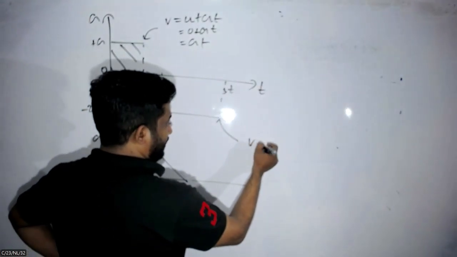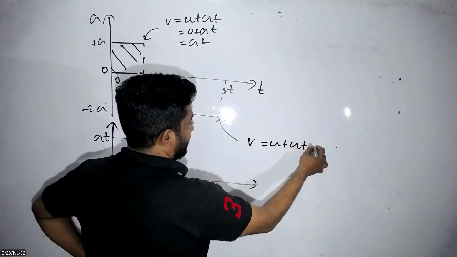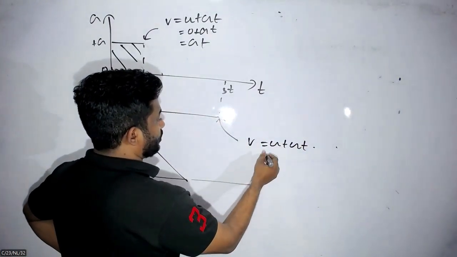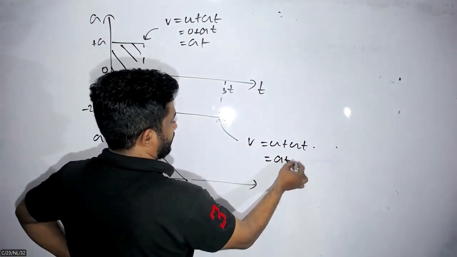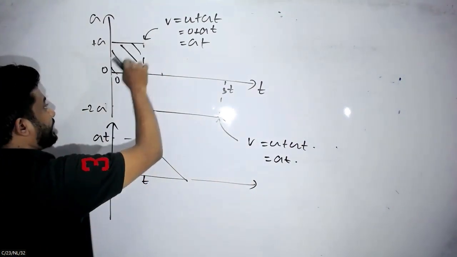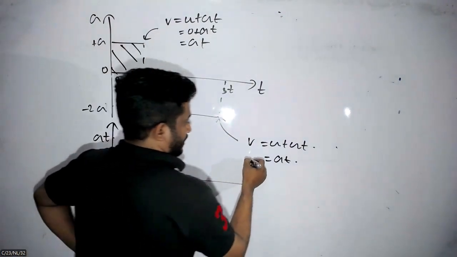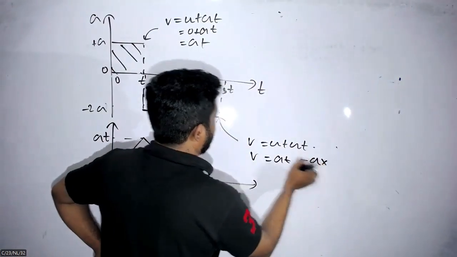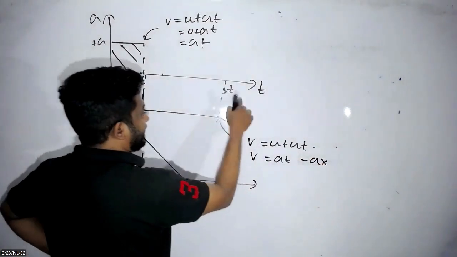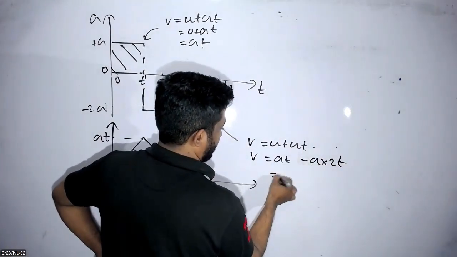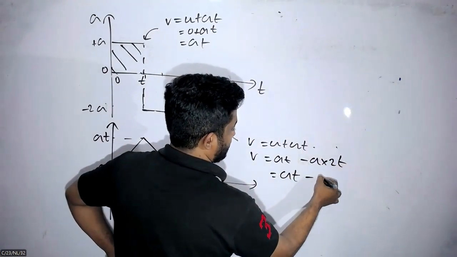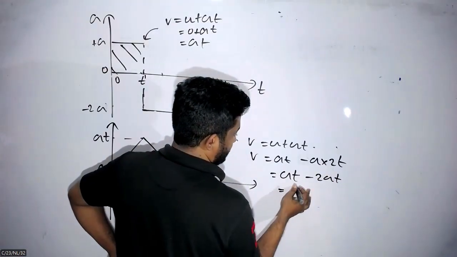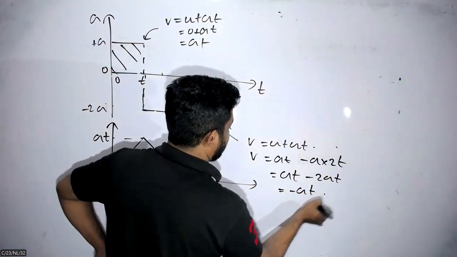Again, you can apply v equals u plus at. Now you know the initial velocity of the object is aT. Velocity increases from 0 to aT, no? Then again, acceleration is minus a, time interval T to 3T, 2T. aT minus 2aT, that means the final velocity is minus aT.